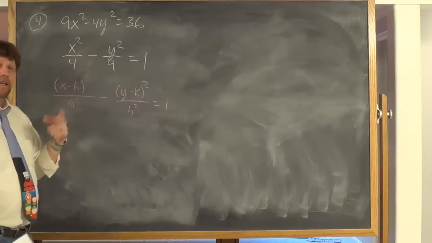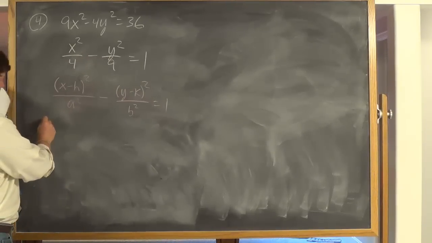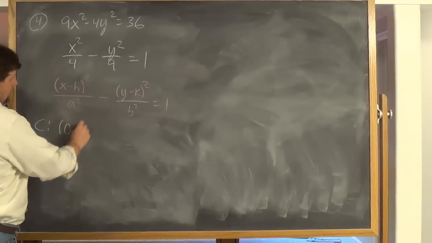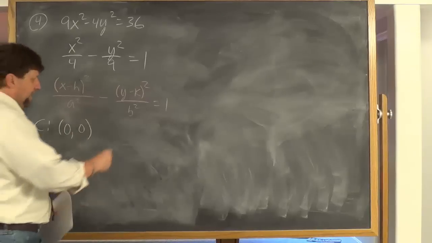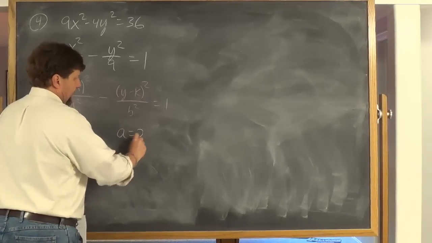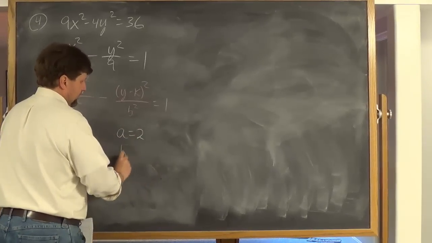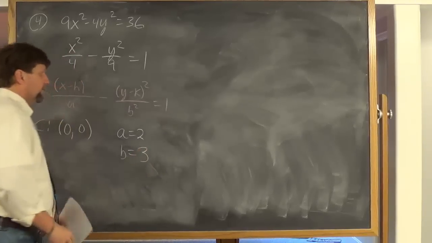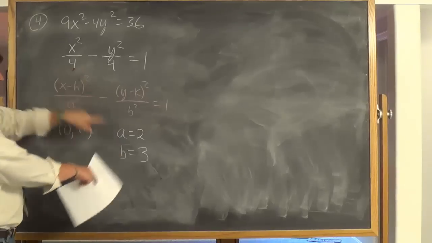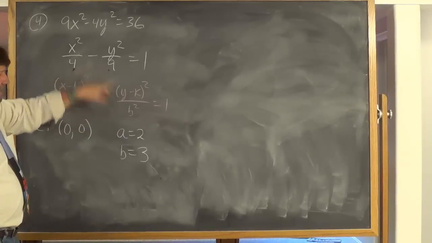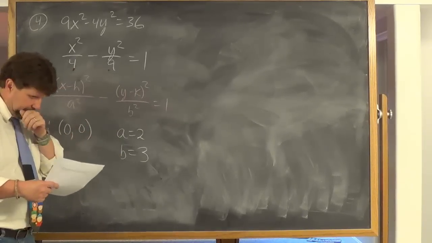Since I don't see anything, that means my center is at the origin. The center is 0, 0. And I'm just going to make a note here that a has a value of 2, b has a value of 3. That's a squared, so if a squared is 4, a is 2. b squared is 9, that means b is 3.